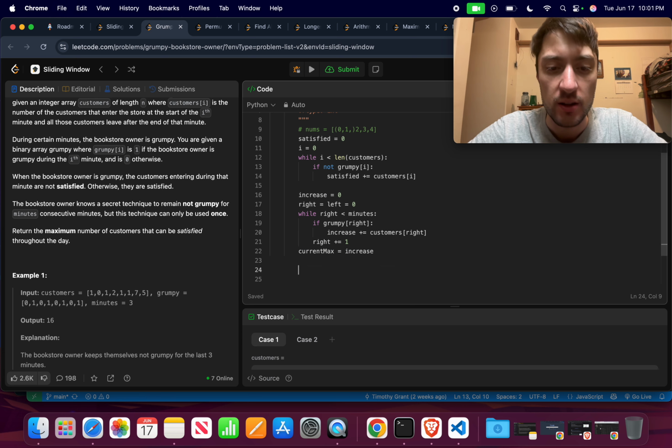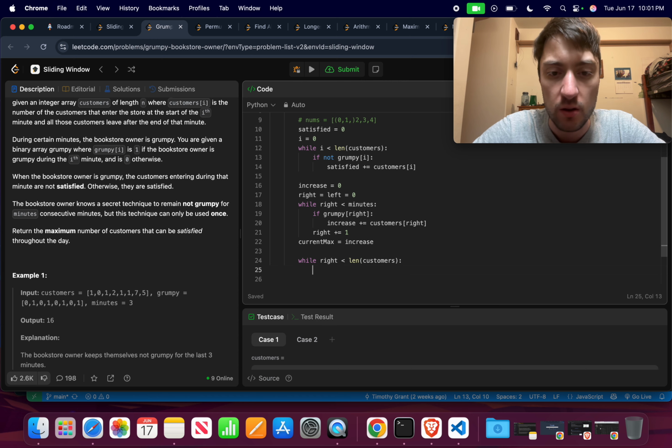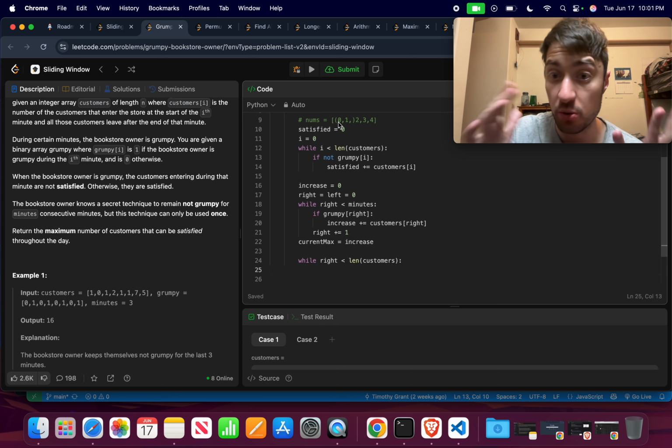Okay, so now while right is less than length of customers, what do we want to do? Let's look back up here. We want to add this window into our context. Do we want to process it?